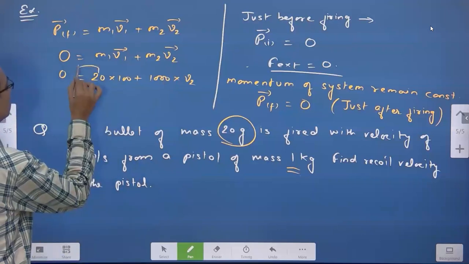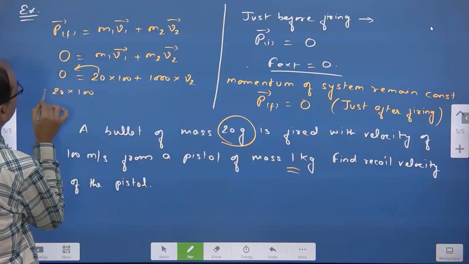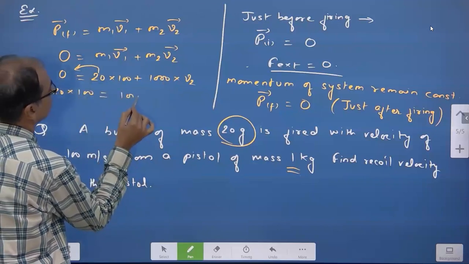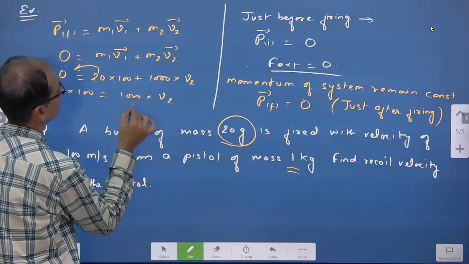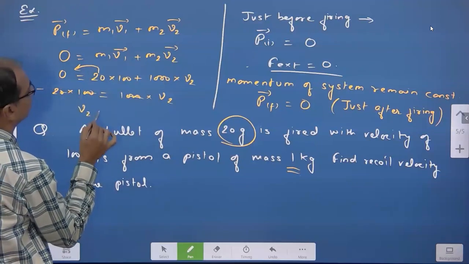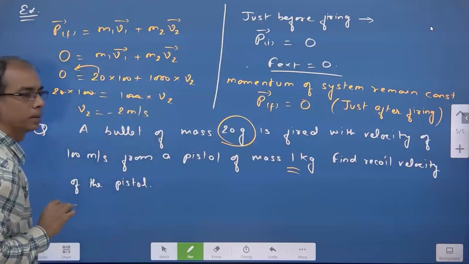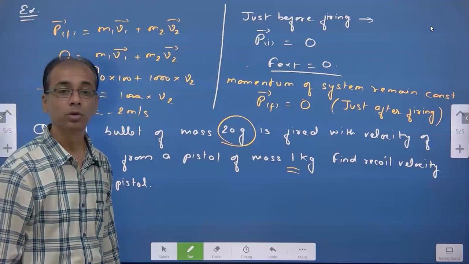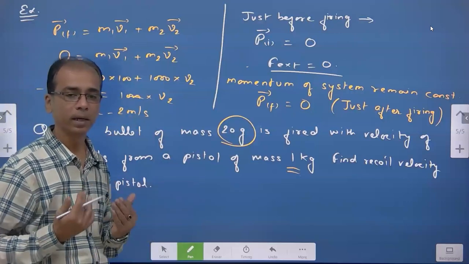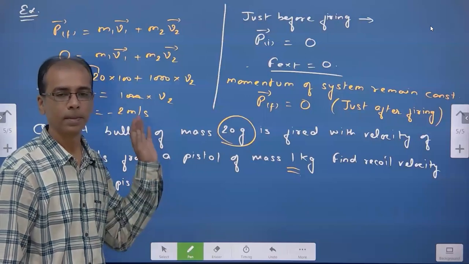Bring this to this side: 20 into 100 negative equals 1000 into V2. These 3 zeros and 3 zeros cancel. So V2 is minus 2 meters per second. Minus because it's in the opposite direction. So your pistol will come back with 2 meters per second. Is this clear?